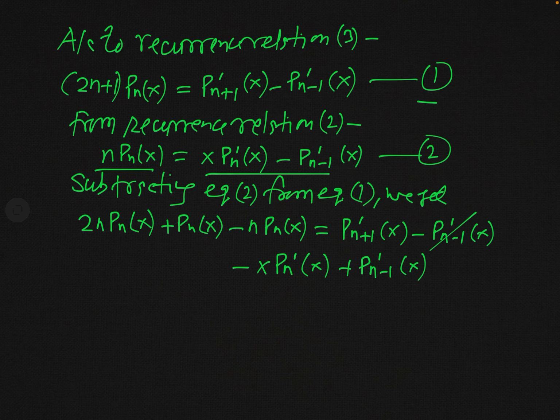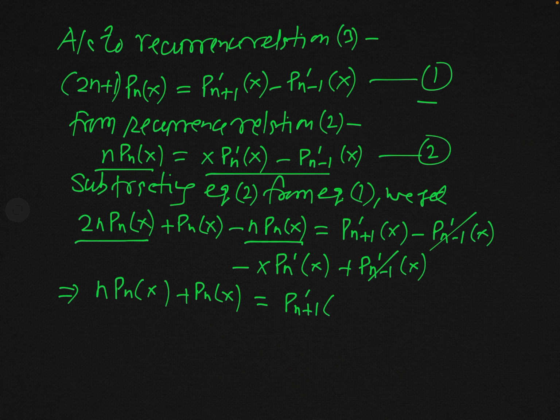Now you can see this term and this term will cancel out, and see this LHS: 2n into Pn minus n into Pn of x. So what will this be? This will be equal to n into Pn of x, and here is Pn of x, and that is equal to Pn plus 1 prime of x minus x into Pn prime of x.